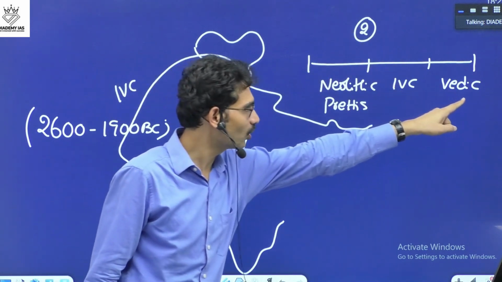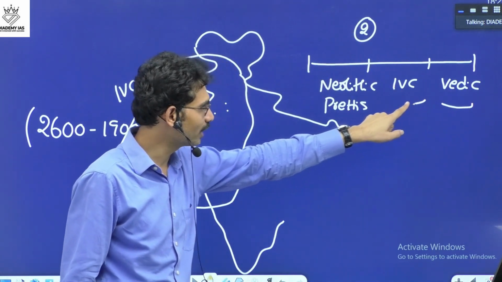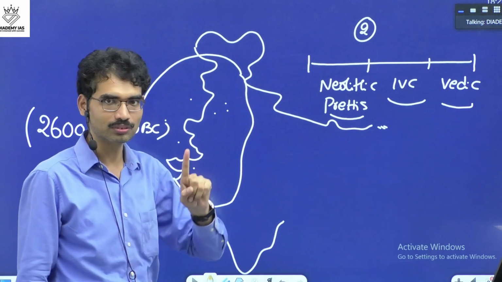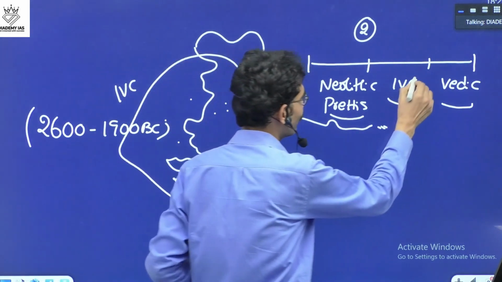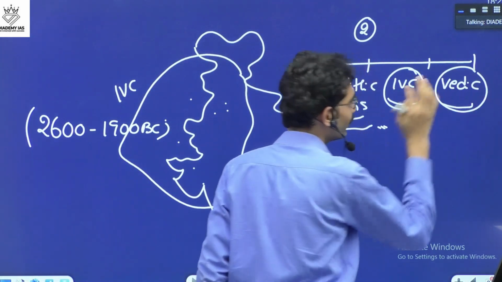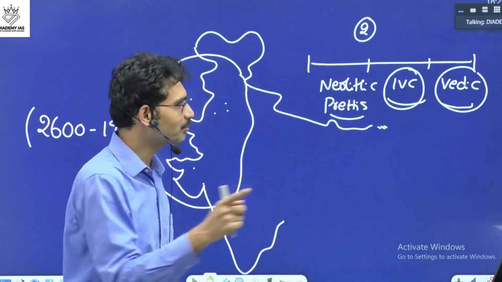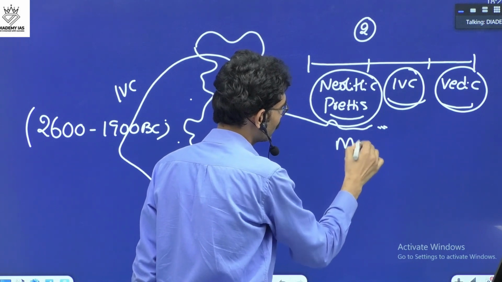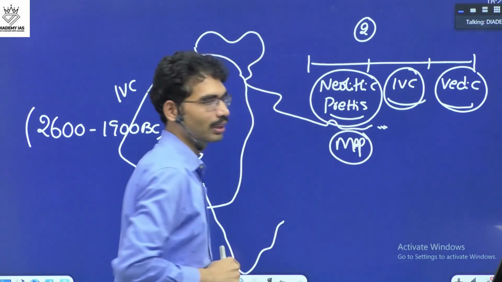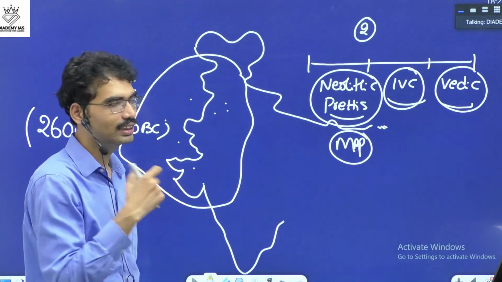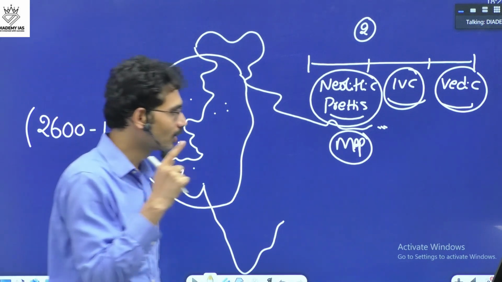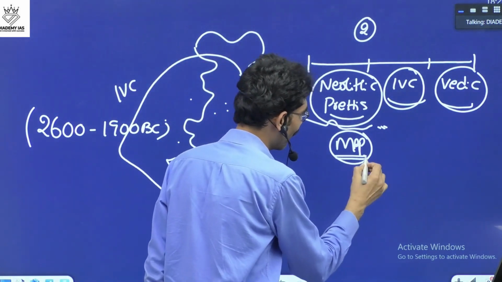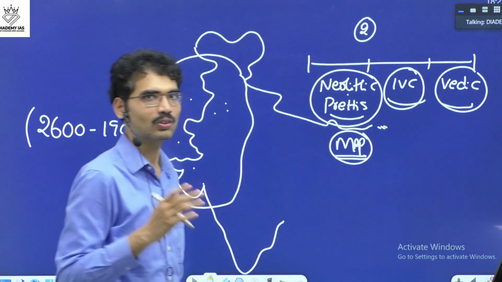You have to be thorough on the Vedic period also, Indus Valley also, Neolithic also. Most of the students are comfortable in IVC and Vedic. But when it comes to prehistory, students are not comfortable, because this is linked with map marking. Those who are very strong in map, for them this question is also very easy.